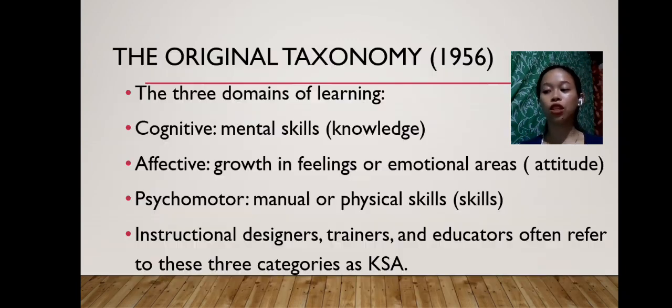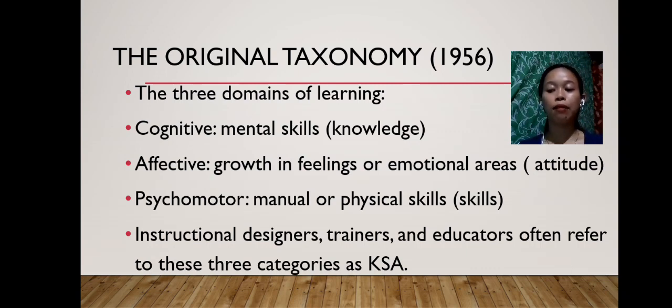The original taxonomy in the year of 1956, the 3 domains of learning. I know that you are all familiar with the 3 domains of learning, which are cognitive, affective, and psychomotor. Cognitive is all about mental skills or knowledge, while affective is a growth in feelings or emotional areas, also known as attitude.